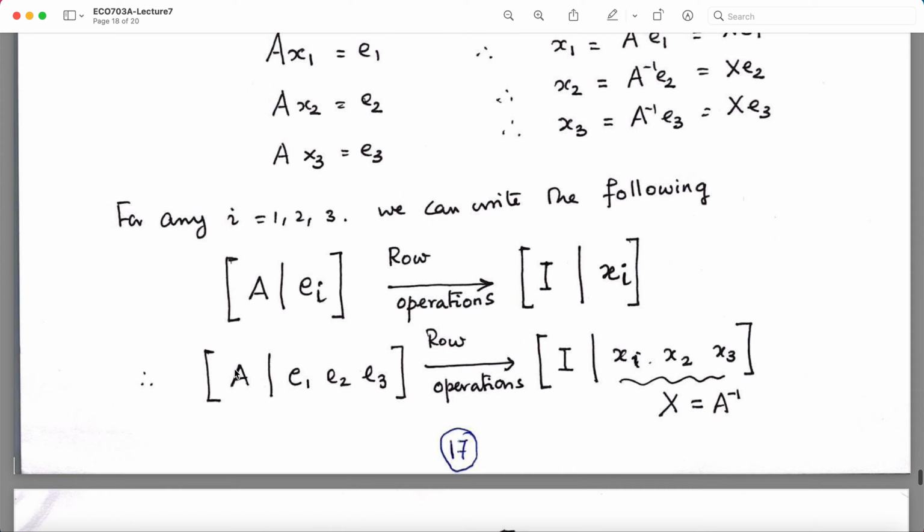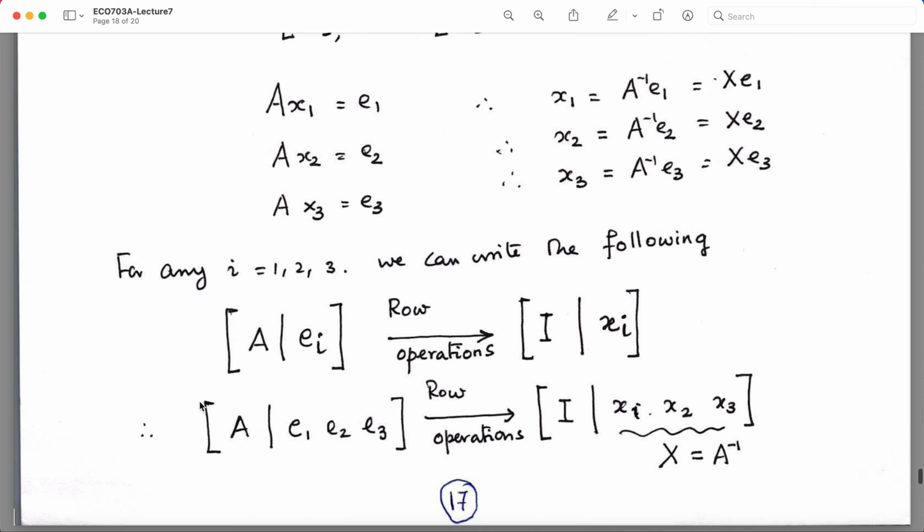So if I now write E1, E2, E3, augment these three columns also and then do the row operations, I'll get [I|X1 X2 X3]. You might ask, okay, here you are doing a different row operation, here you are doing a different row operation.